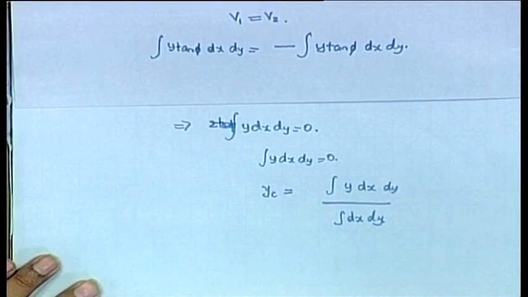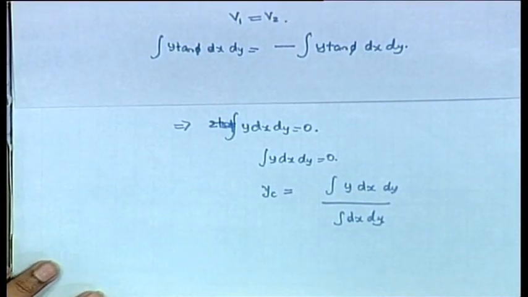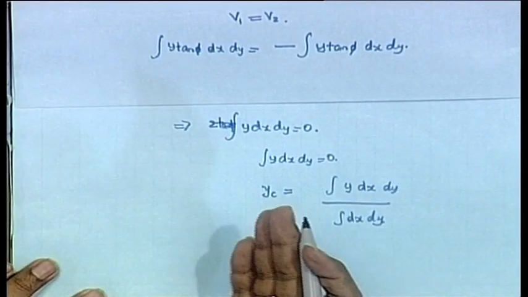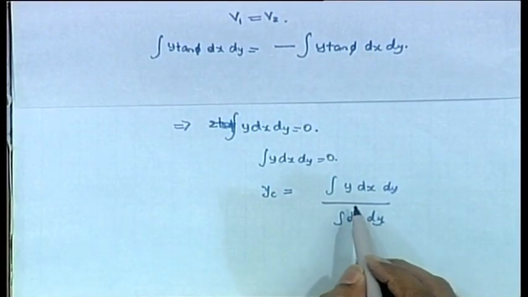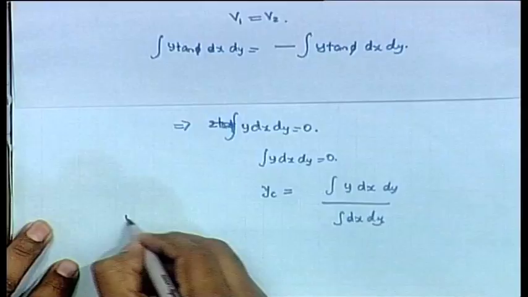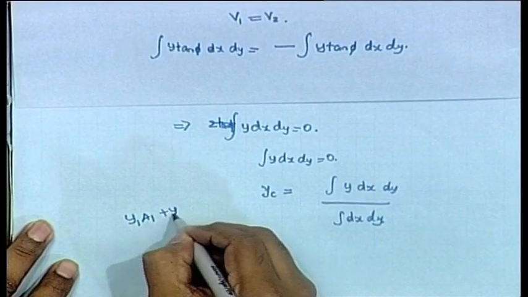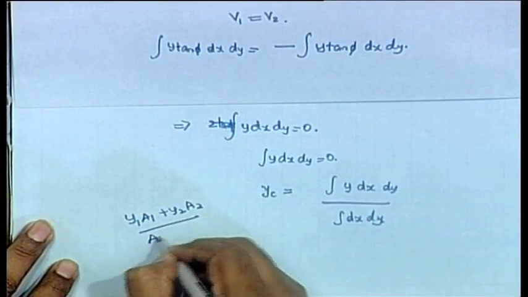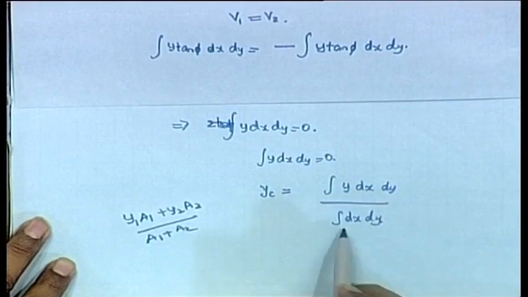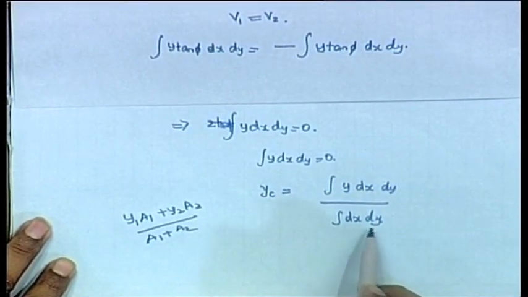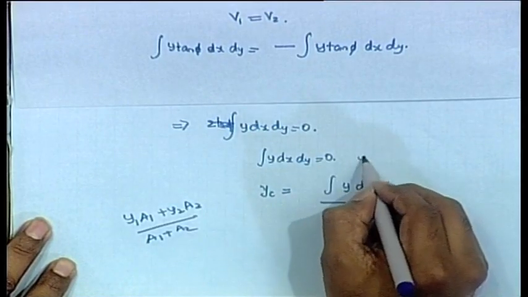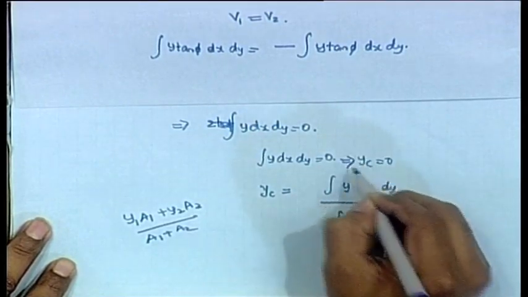It is just the same thing as center of mass, centroid, which I am writing in differential form. Instead of writing y1 a1 plus y2 a2 divided by a1 plus a2, I am writing it in differential form: integral of y dx dy divided by integral of dx dy, that is the total area at the bottom. Therefore, yc is equal to 0.